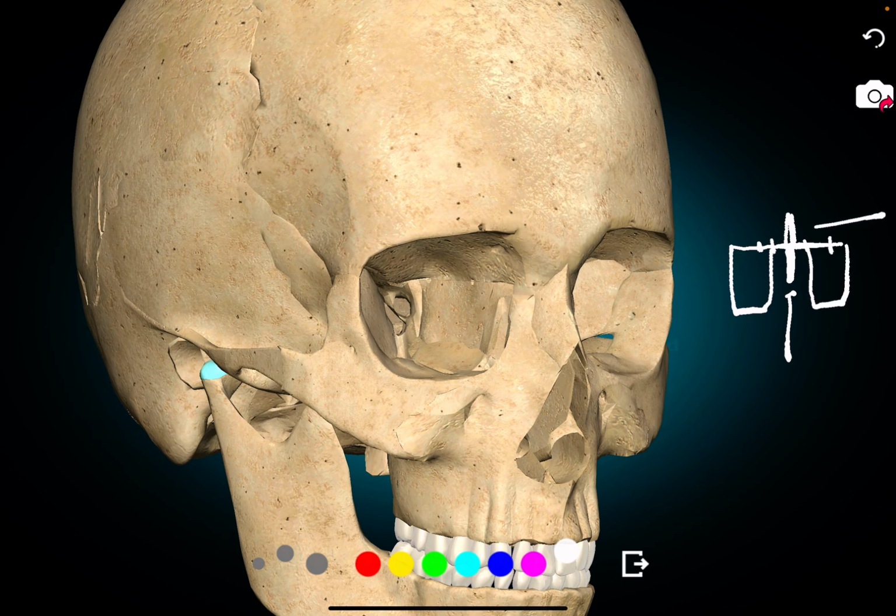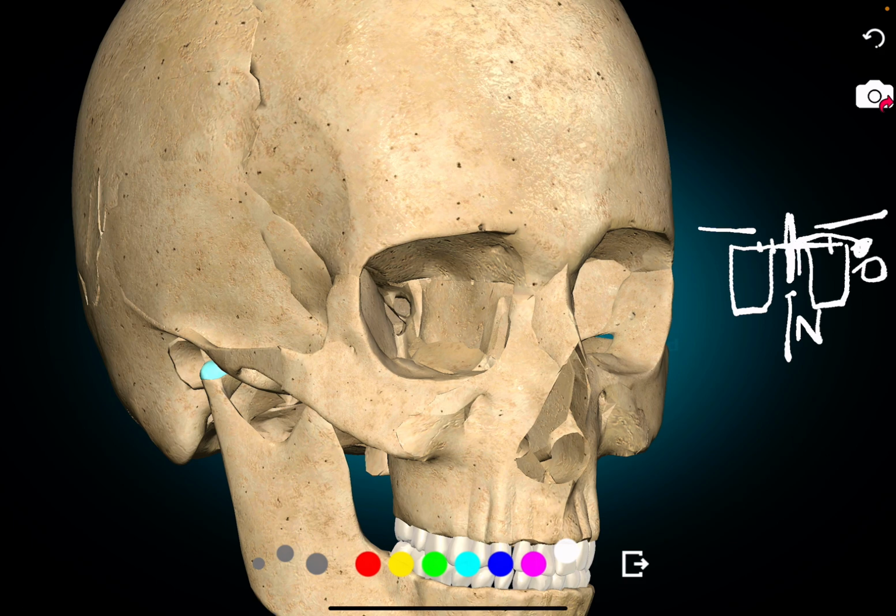The orbital plate of the frontal bone overlies this cribriform plate, and on this side is the orbit, on this side is the nose. So the nasociliary nerve, having the anterior and posterior ethmoidal nerves, passes through the cribriform plate and comes into the nose.